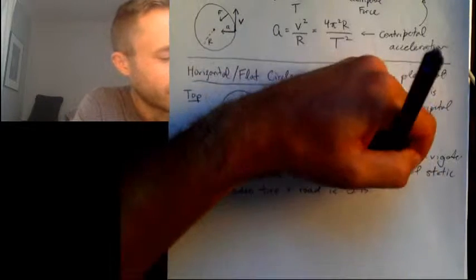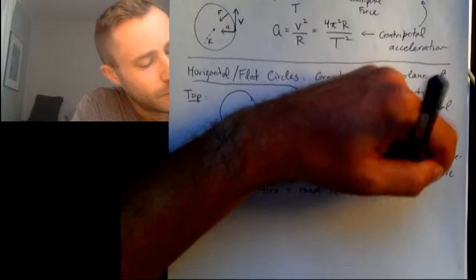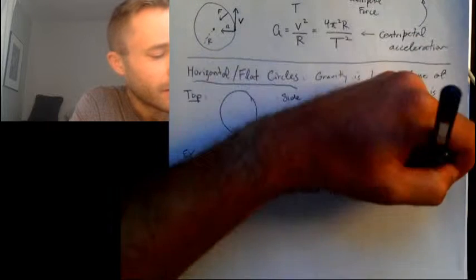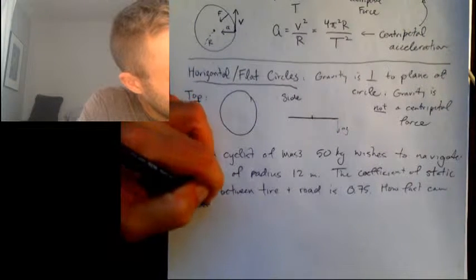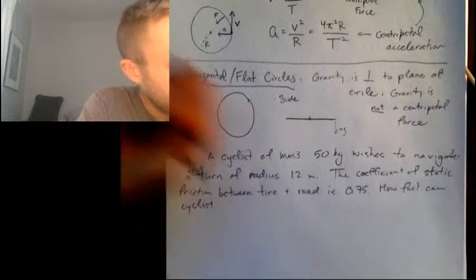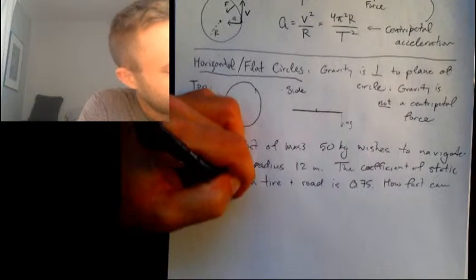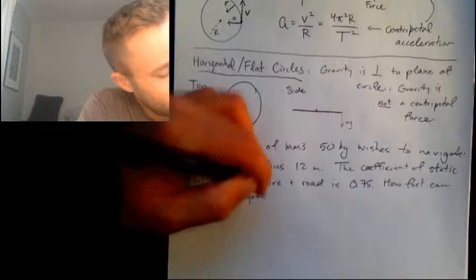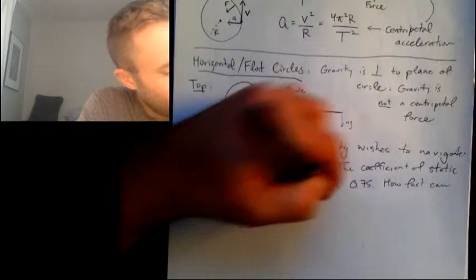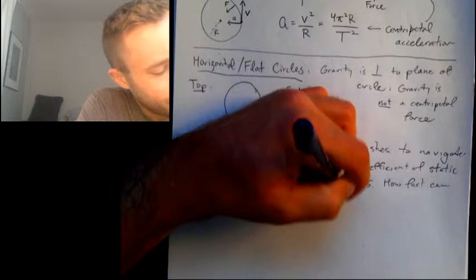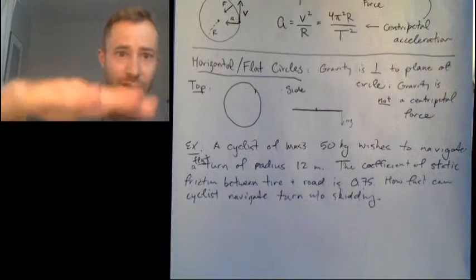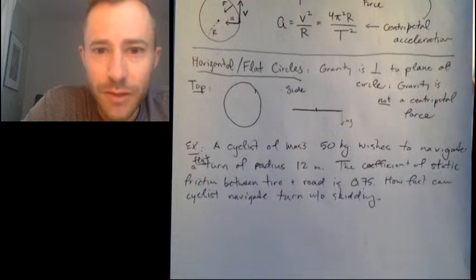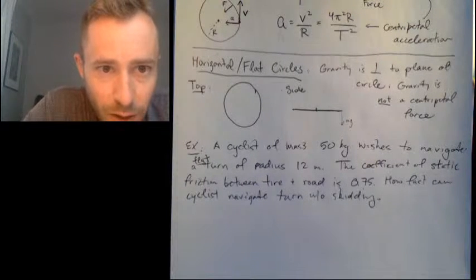How fast can the cyclist navigate the turn without skidding? Because if the cyclist tries to enter the turn too fast, basically the centripetal force will not be big enough.